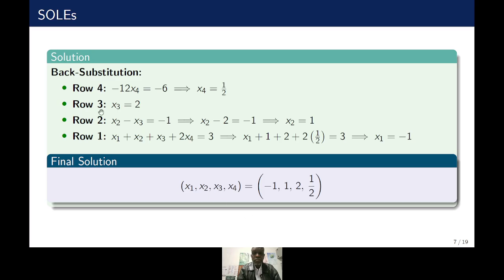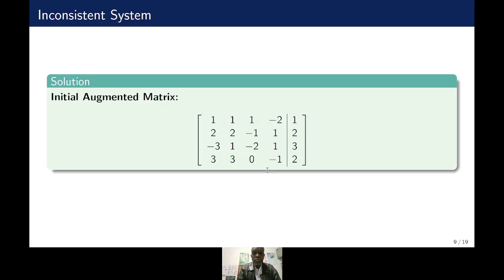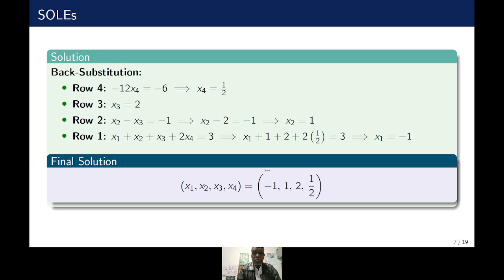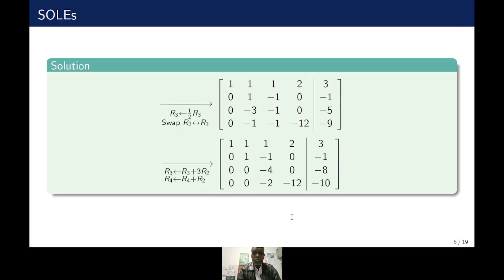So row 4, the corresponding equation is this, which means that x4 is equal to half. Then if you go up, row 3 is just saying x3 is equal to 2. So that one is given.